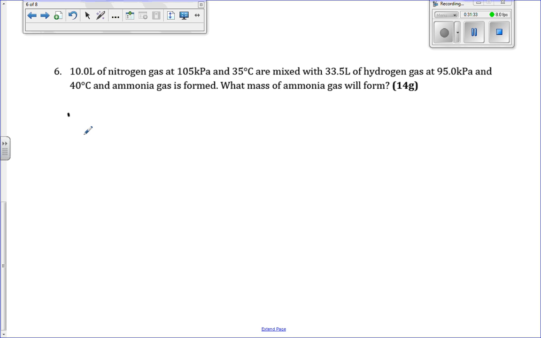Well, first things first, let's start off with a balanced equation. Nitrogen gas is mixed with hydrogen gas, and we get ammonia. Now to balance this, we need to come up with some kind of agreement. We see 2 nitrogens here and 2 nitrogens, so we can put 2 here. We now have 6 hydrogens, so we're going to put a 3 there.